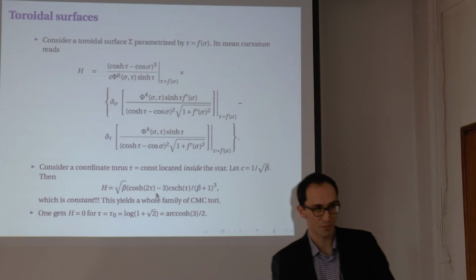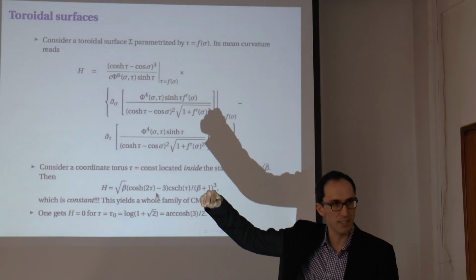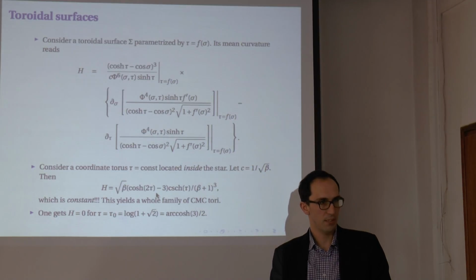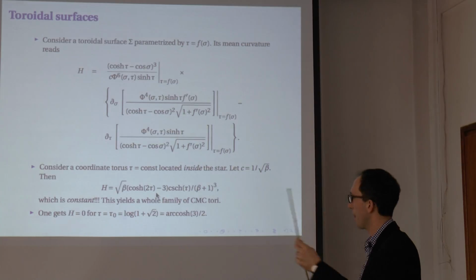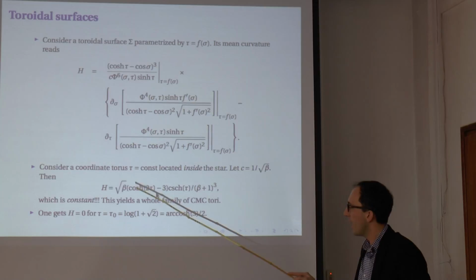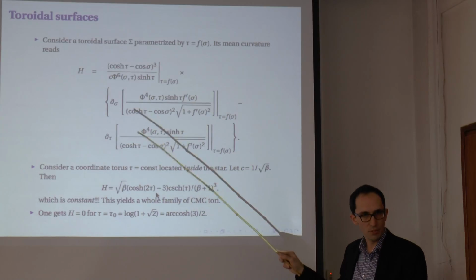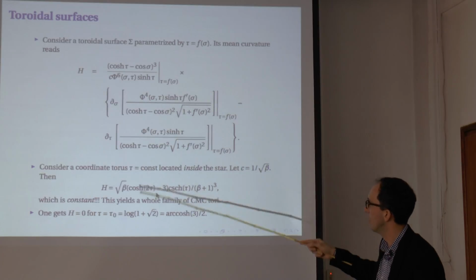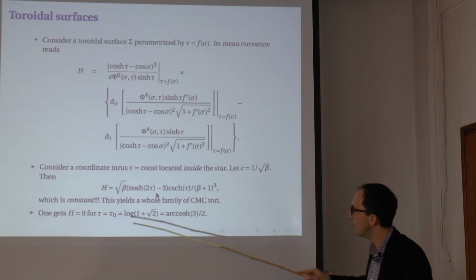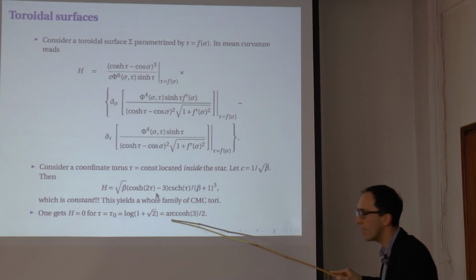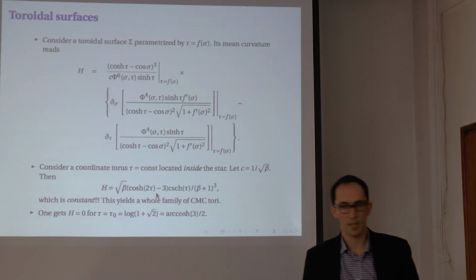Of course, because of spherical symmetry, if I find anything interesting here, I can rotate the axis of the coordinate system, and I find the same. And these are actually not only toroidal, these are exact coordinate tori in those coordinates, and h is just given by that expression, and if you choose tau being precisely that number, then h is 0, and this is a marginally outer trapped surface.